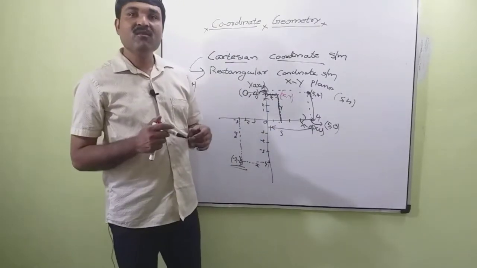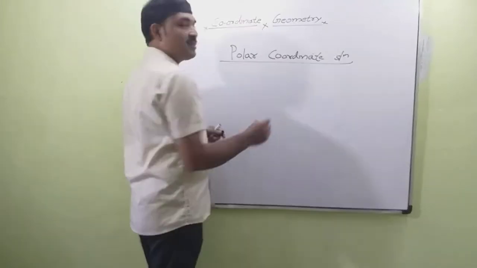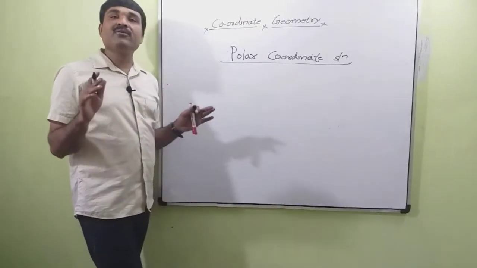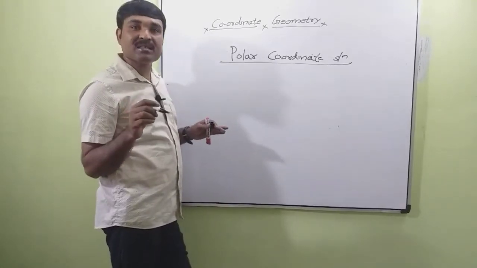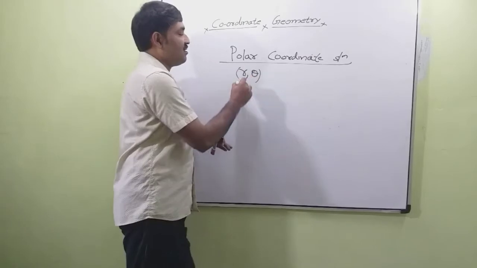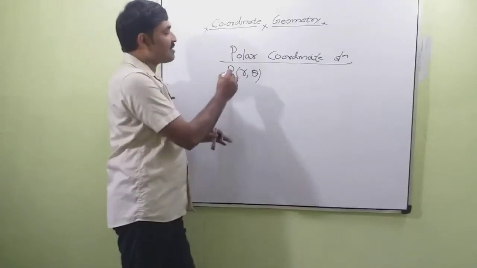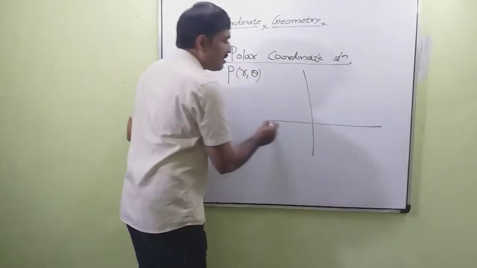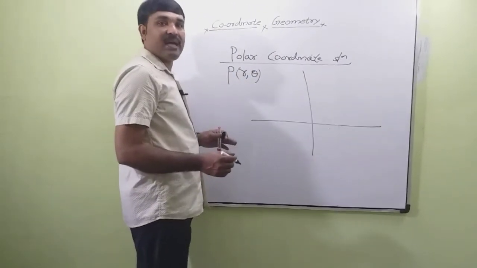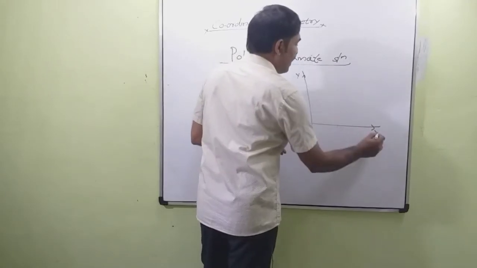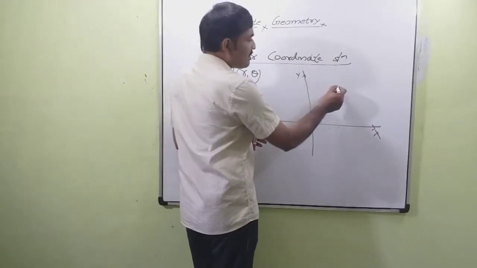Now let us see what the polar coordinate system is. In the polar coordinate system, any point in a two-dimensional space can be represented by r, theta. This point P is represented by r, theta. I am drawing a two-dimensional plane, our xy plane.